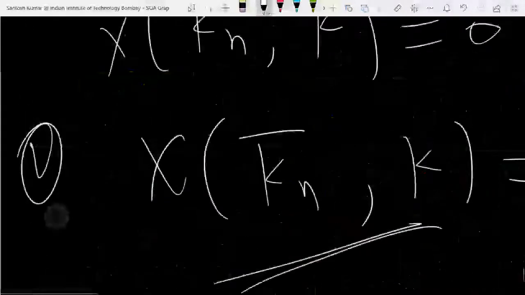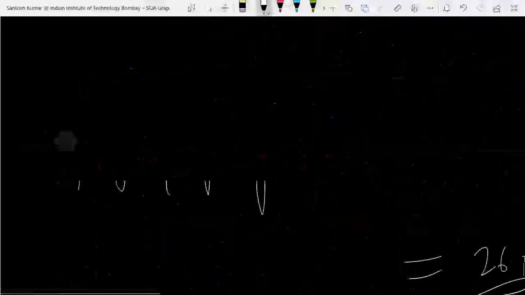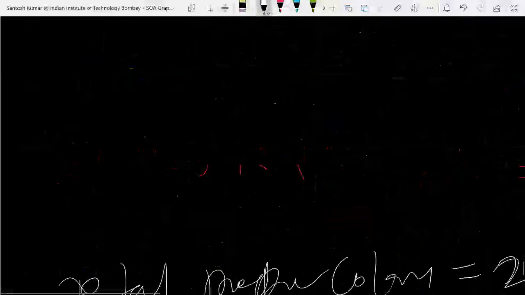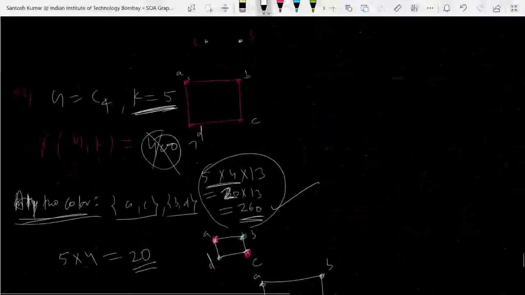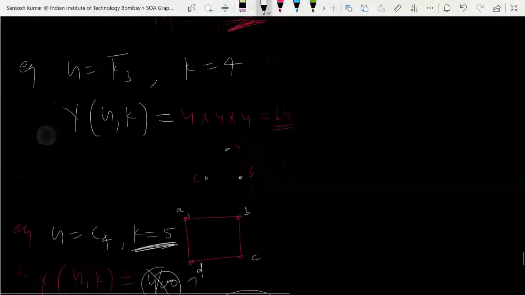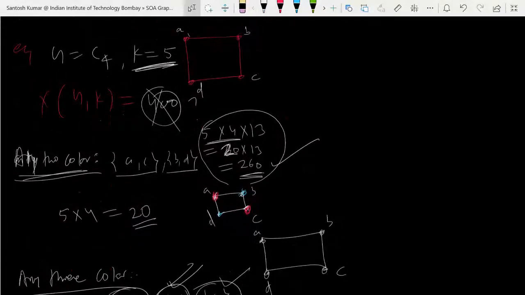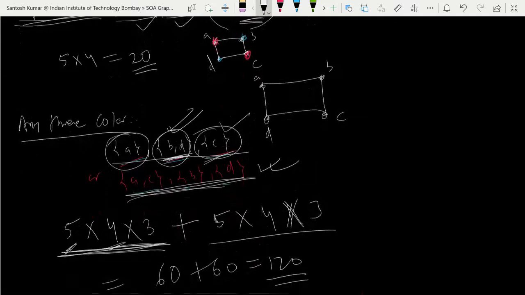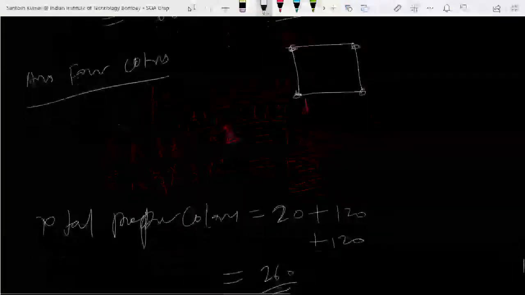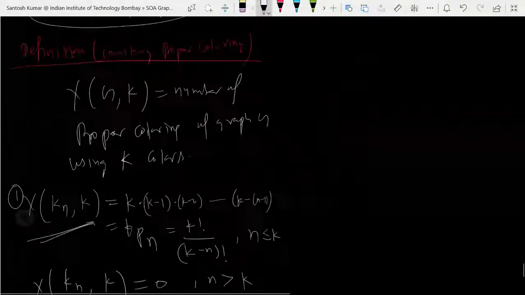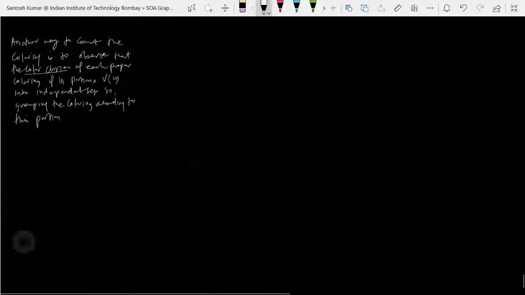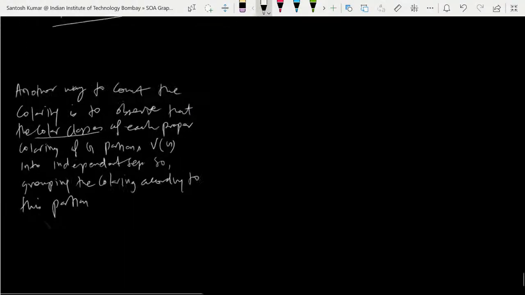If you notice what I was doing there, let me recall: for C4, I was partitioning the vertex set, then I was counting. I used this way in the last class, so that will be continued here.